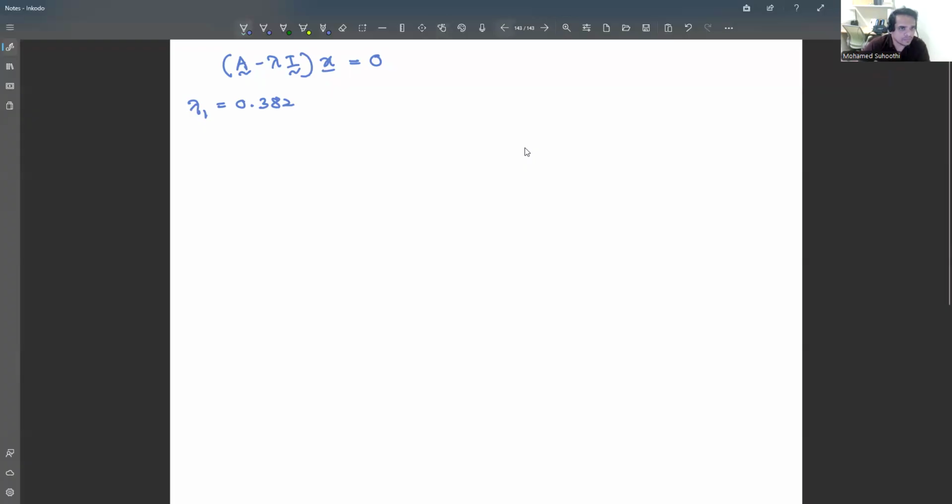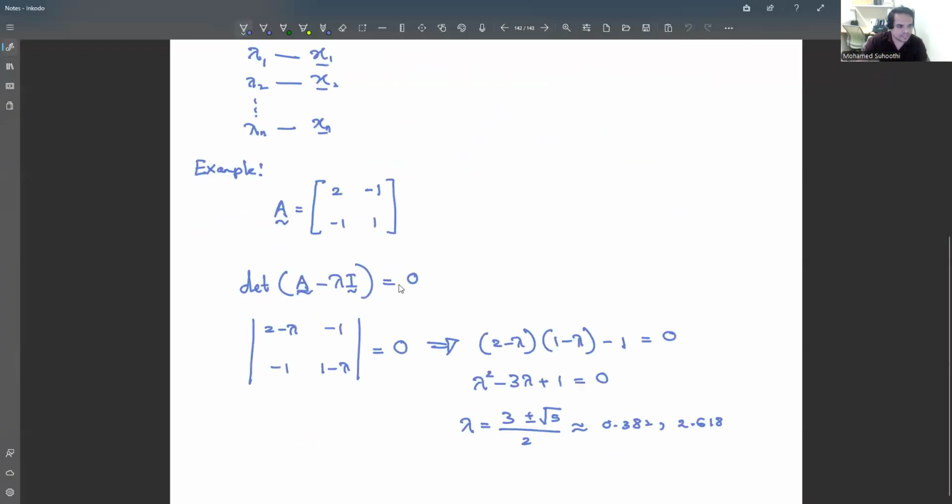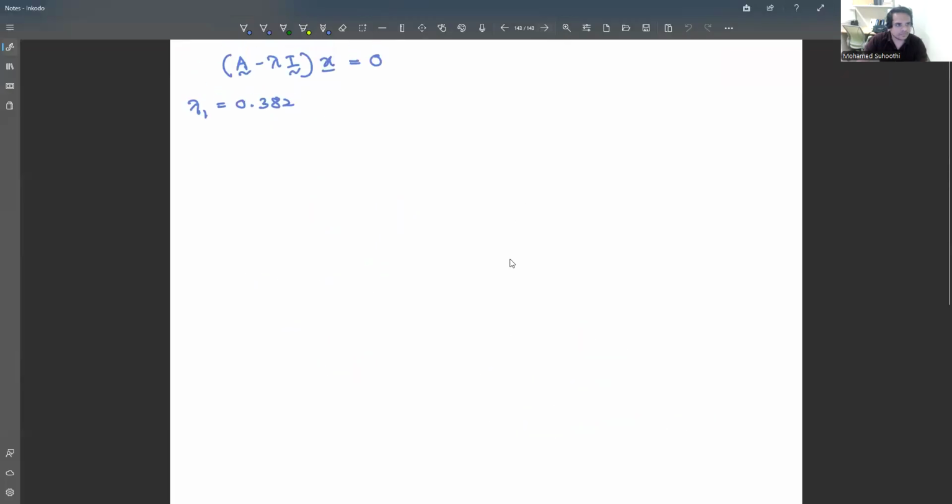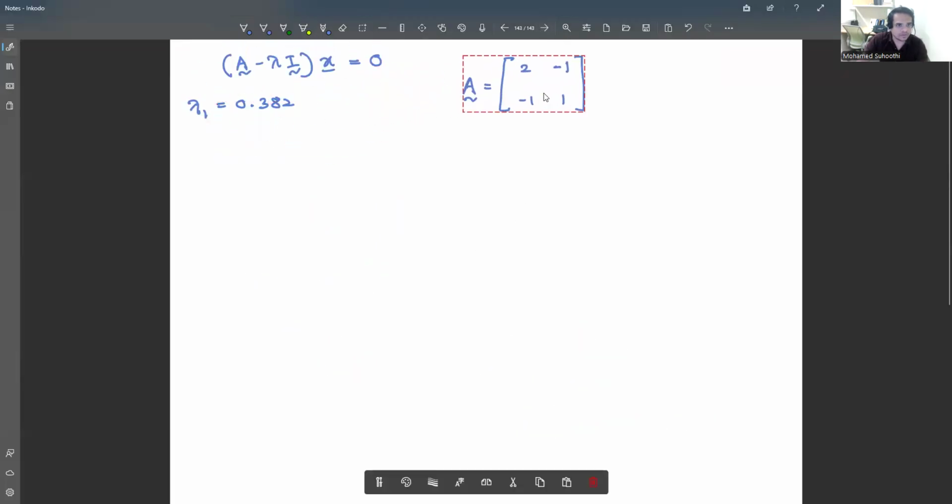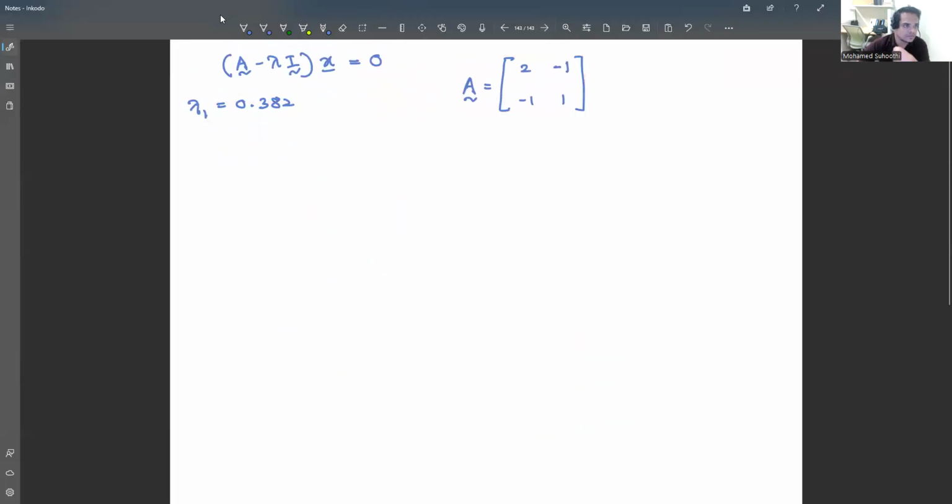So in this case, let me bring matrix A here. That means A minus lambda 1 I. If you substitute into matrix A, 2 minus 0.382 is 1.618, then minus 1 will be there.